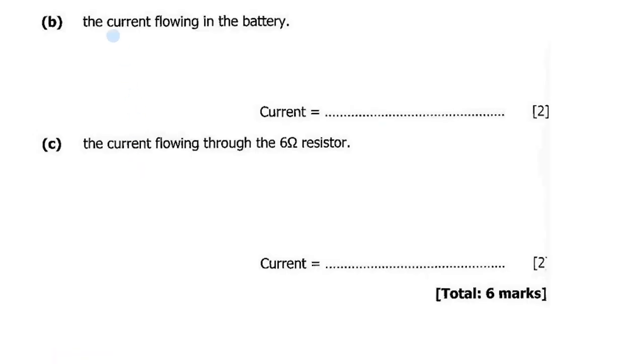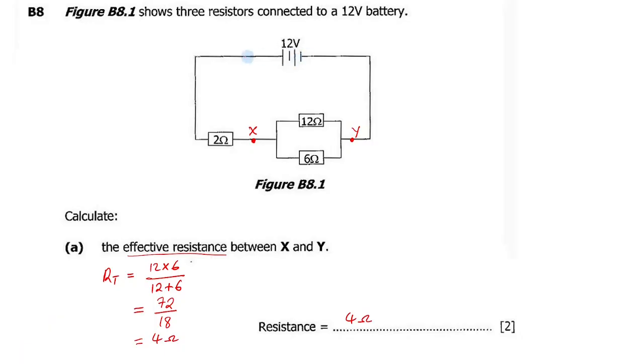Then we move. They're saying the current flowing in the battery. The current flowing in the battery is the current flowing in the circuit. That current must be found by finding the total resistance first. Since we have found 4 ohms here, and these 4 ohms and these 2 ohms are in series, the final total resistance in the whole circuit is going to be 2 plus 4, which is 6 ohms.